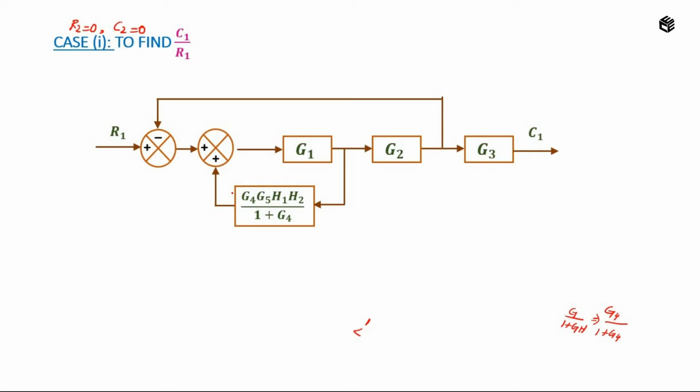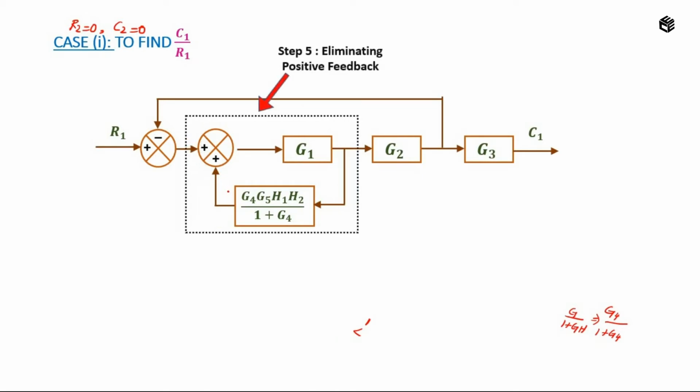In order to eliminate this positive feedback, I am going to apply step 5, that is elimination of positive feedback, and the formula for eliminating positive feedback is G divided by 1 minus GH. In the place of G I am having G1, that is G1 divided by 1 minus G1 into, in the place of H I am having this block.